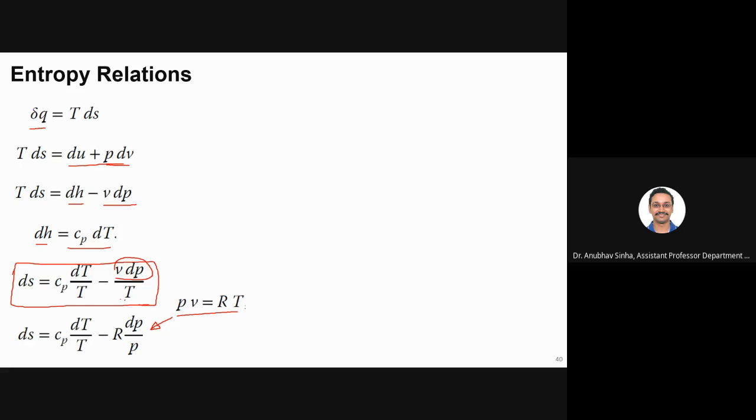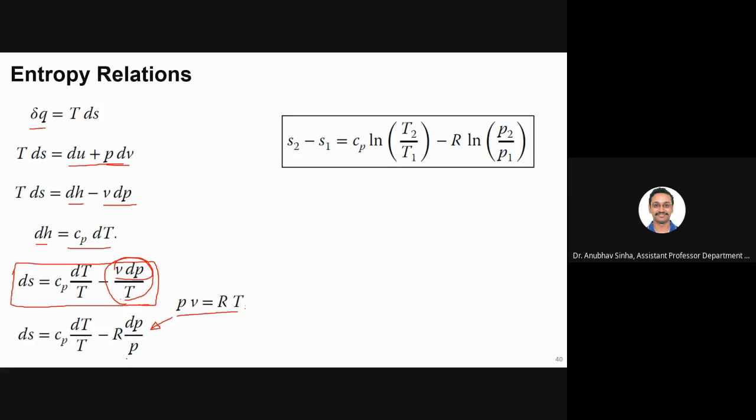Substitute PV equal to RT in this part and you will end up with R dp by P. Now we have two equations. Now we want to integrate. If you integrate between 1 and 2, we'll get delta S equal to Cp log of T, because we have T in the denominator, minus R log P2 by P1.